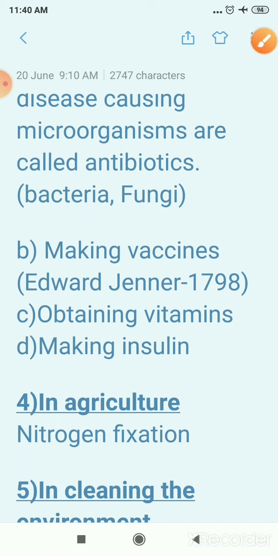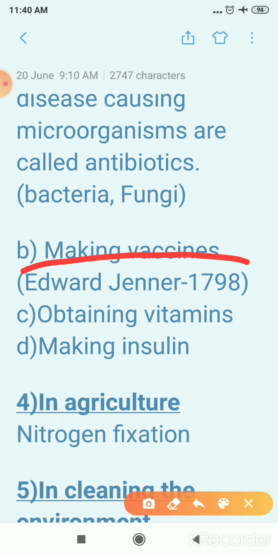These vaccines play an important role in our lives. They protect us from different diseases. The first ever vaccine was discovered by a scientist, Edward Jenner, in 1798. He discovered the smallpox vaccine.